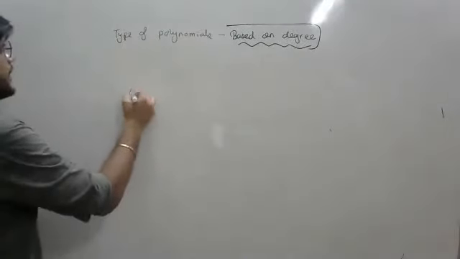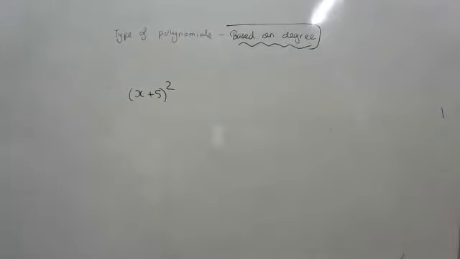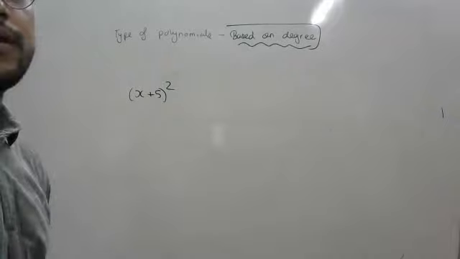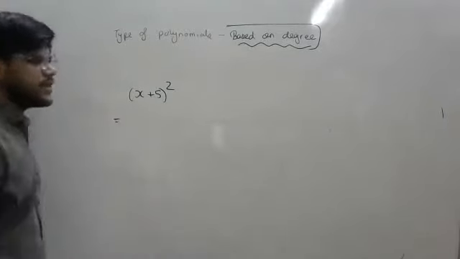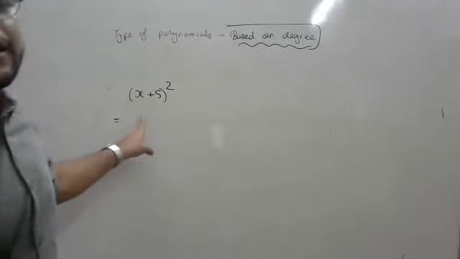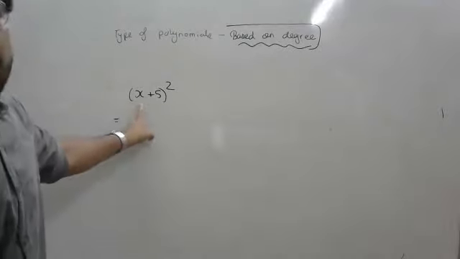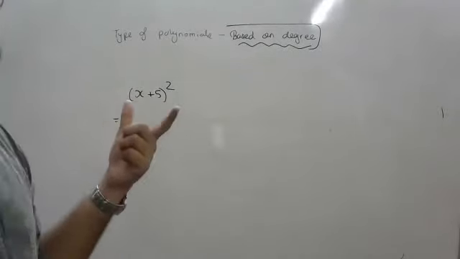So if I write x plus 5 whole square, tell me what type of polynomial it will be? Quadratic, linear, or cubic? Quadratic. Good. So here it's a tricky question. If you directly look at x, then you may think, sir, the power of x is 1. But whenever they are giving you a bracket, first simplify.